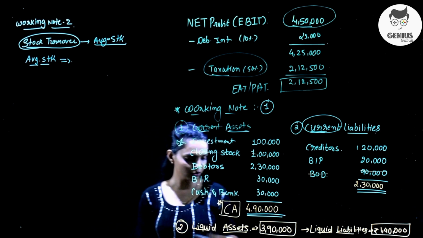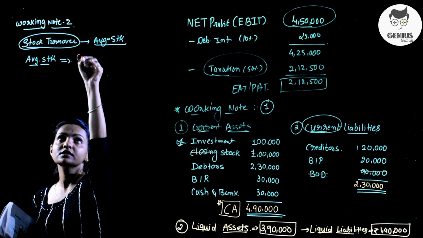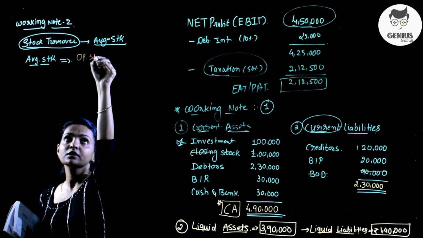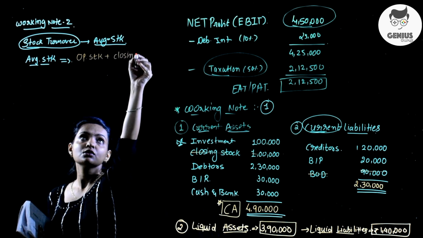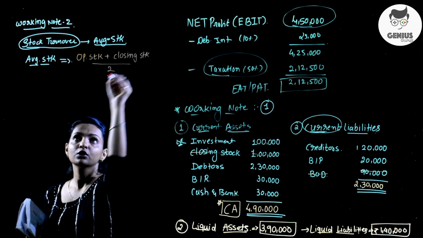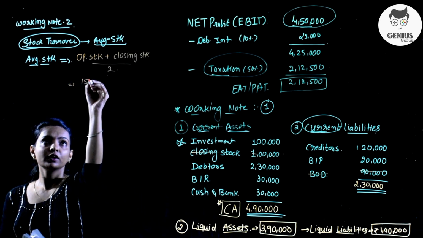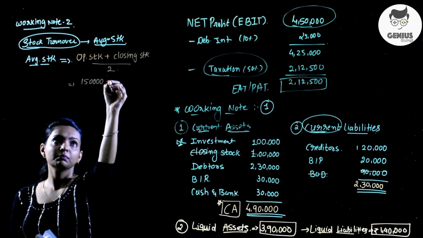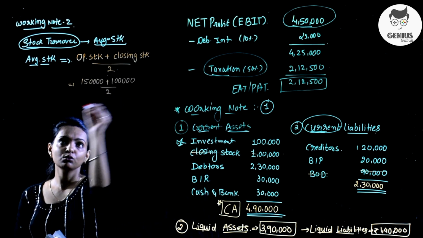So divided by 2 you will get average stock is equal to opening stock plus closing stock divided by 2. My answer is 1,50,000 plus 1 lakh divided by 2.